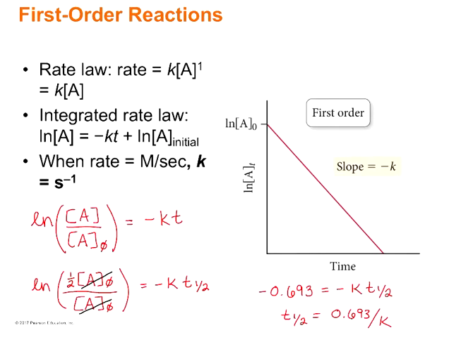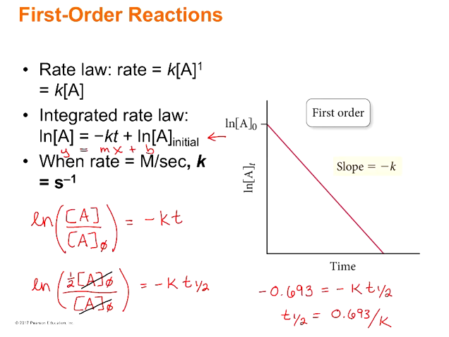Actually, I'm going to go back here to our first order reaction again. So if we look at our integrated rate law, you'll notice again that it's in the form of y equals mx plus b.